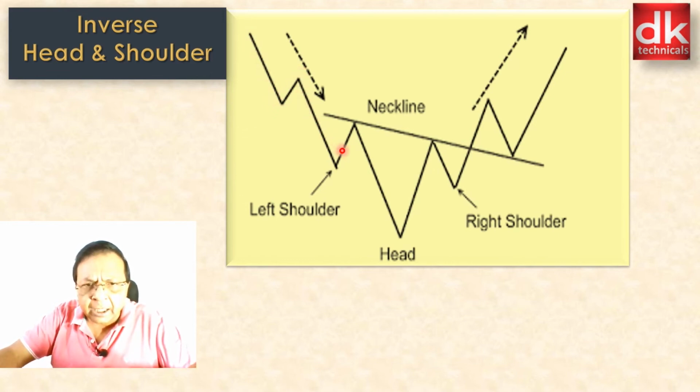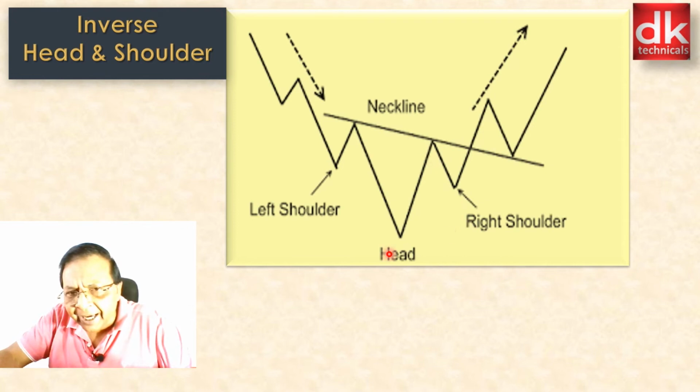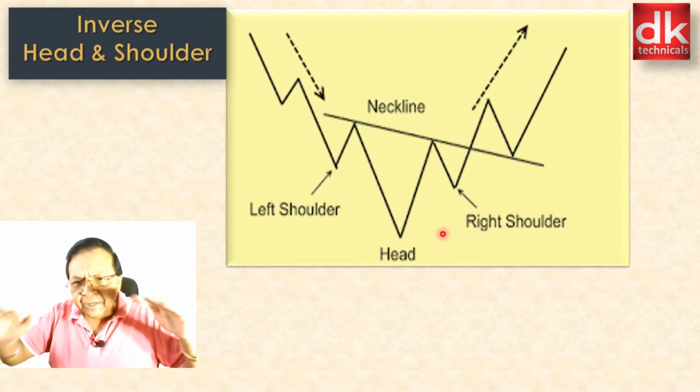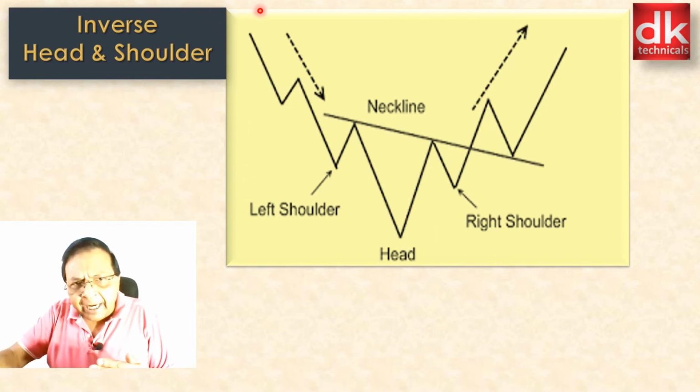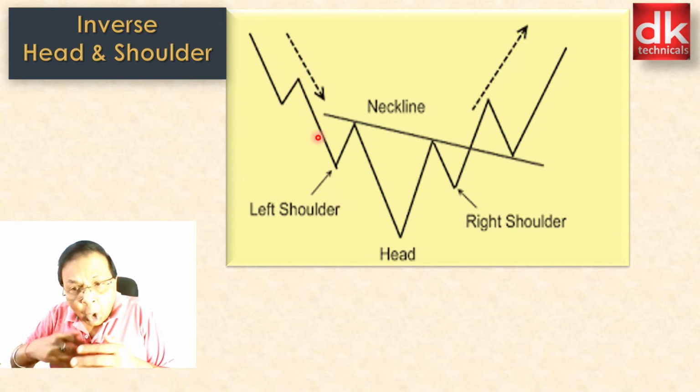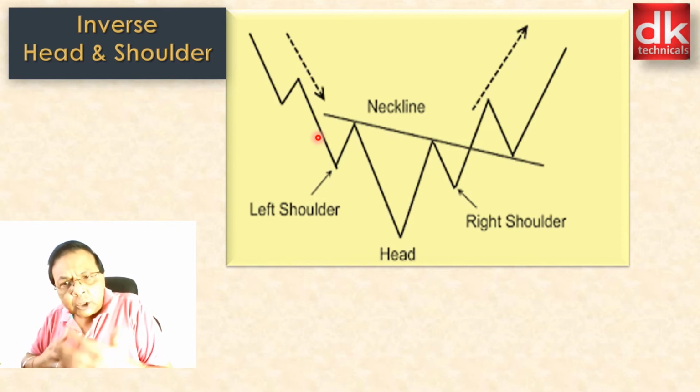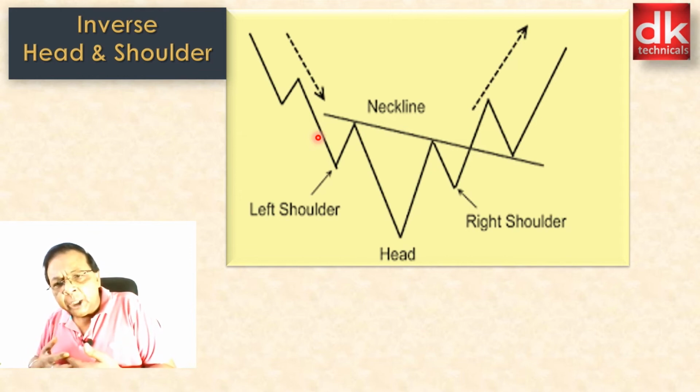Then the market makes another low, then recovers, then again makes a right shoulder, and here the market fails to make a new low, which is the first sign that the sellers who were dominating in this phase of the market are now losing grip, and slowly buyers are taking over and are now likely to dominate.